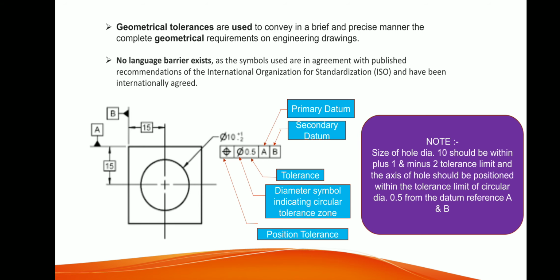If this is a feature control frame, and what if it is not there, then we have to add a note on this drawing that the size of the hole dia 10 should be within plus 1 and minus 2 tolerance limit, and the axis of the hole should be positioned within a tolerance limit of circular dia 0.5 from datum reference frame A and B. Because of GD&T and its symbolic language, we can compile all this information within this single feature control frame.